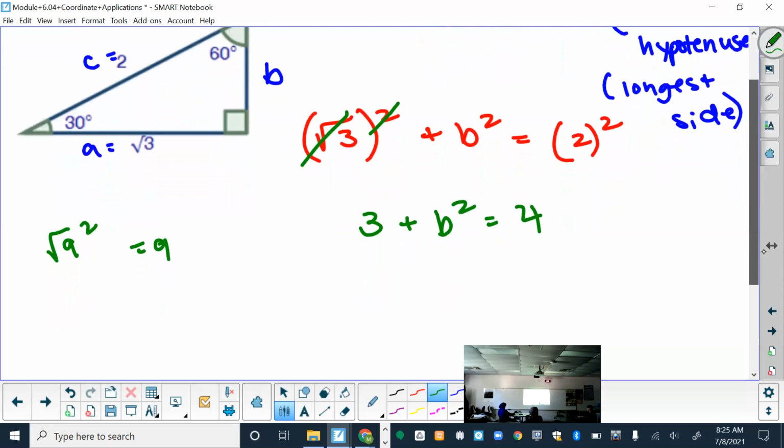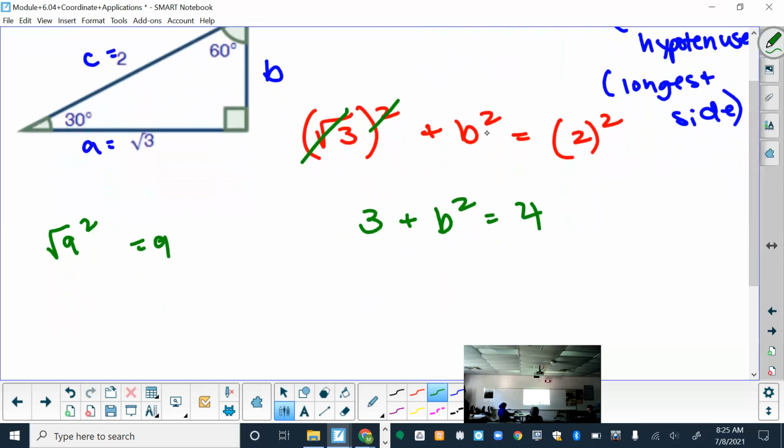Now we're solving for B. Now that we simplified what we could, we want to solve for B. You want to get rid of the numbers on the same side of the equal sign that are farthest from the B. Would I get rid of the 3 or the 2 first? The 3, right?